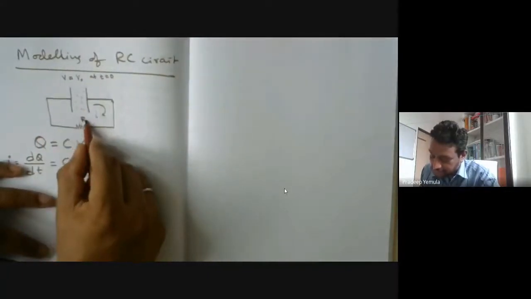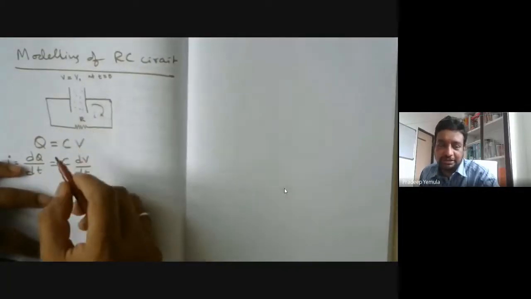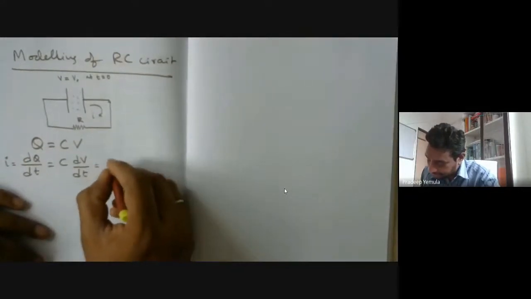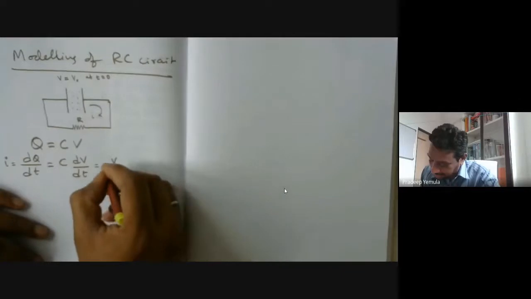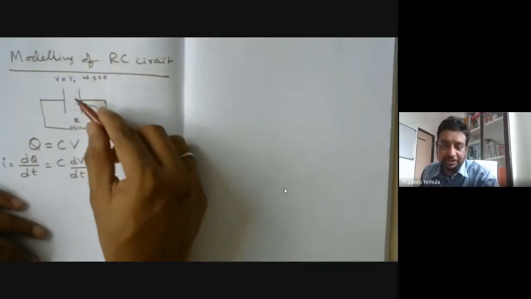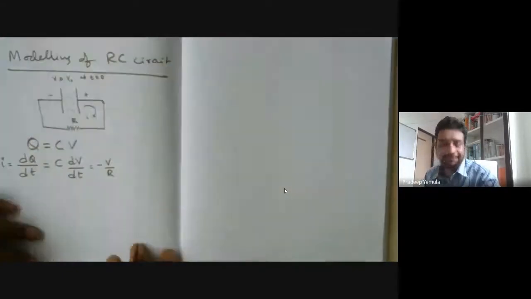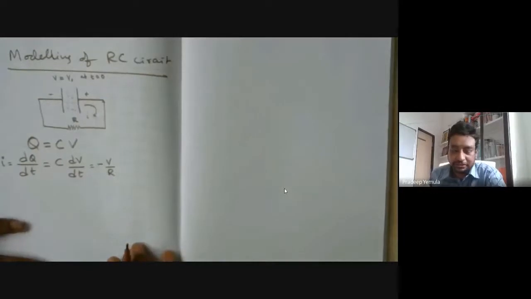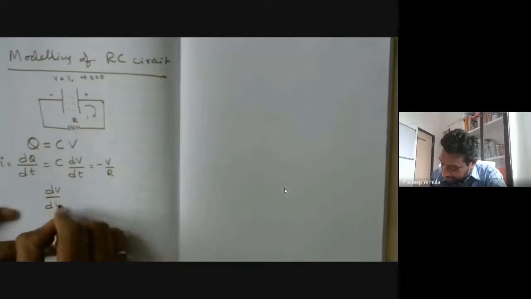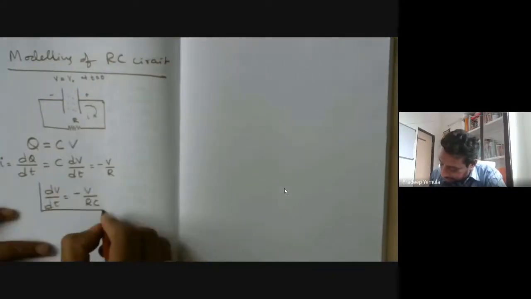Because the resistance is there, V equals IR, so by simple Ohm's law the current is nothing but V by R. It will have a minus sign, because if the current is leaving, then the voltage will be reducing. So now from this we can write dV by dt equals minus V by RC. Okay, so we got this equation.